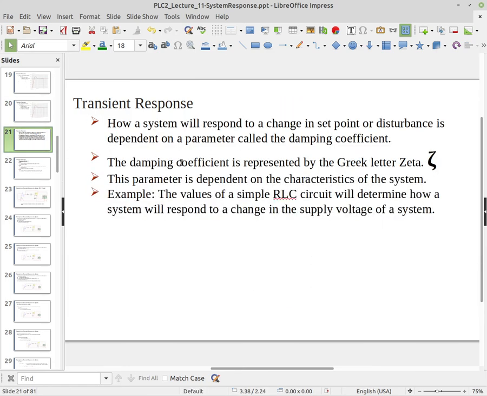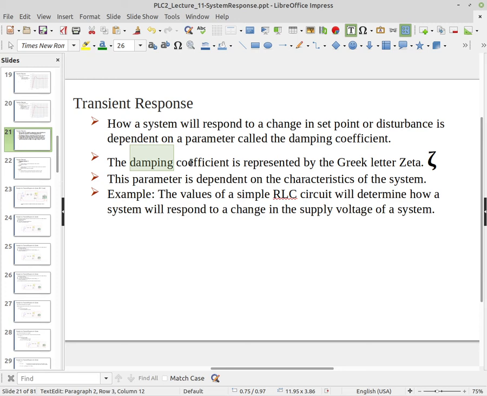Alright, so when the system is bouncing around a lot, or maybe it's an over damped system and not bouncing around at all, well, that is basically due to something we call the damping coefficient.